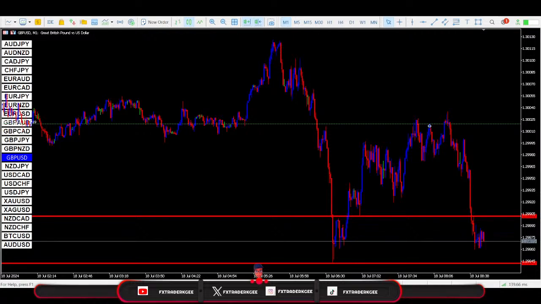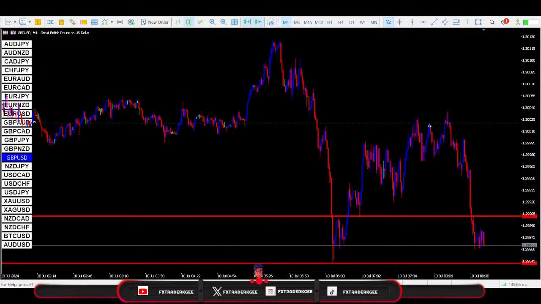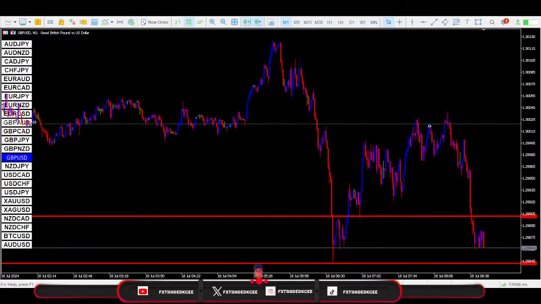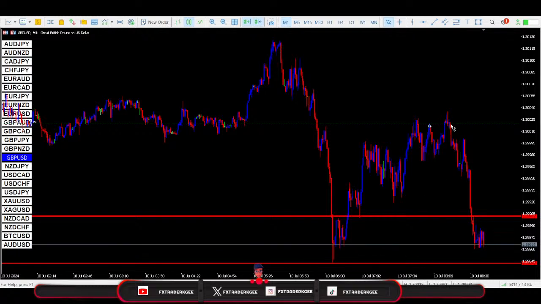Another one that I want to also look at is Euro Australian dollar. I'm kind of looking at something. This is the first leg, this is the second leg, like some traders that trade the ABC kind of pattern.